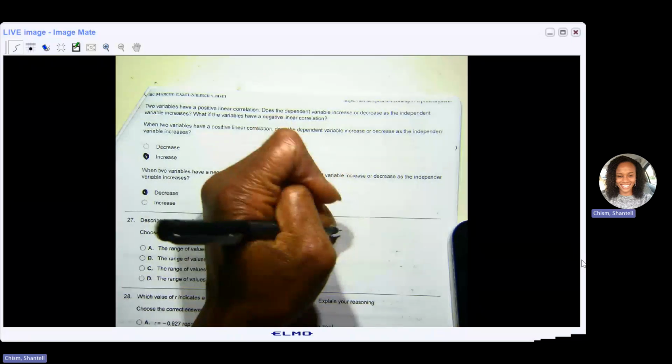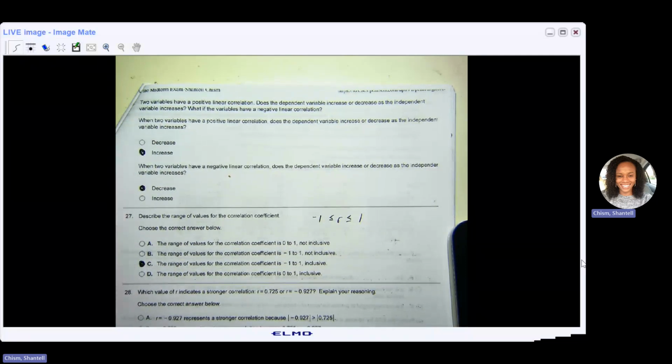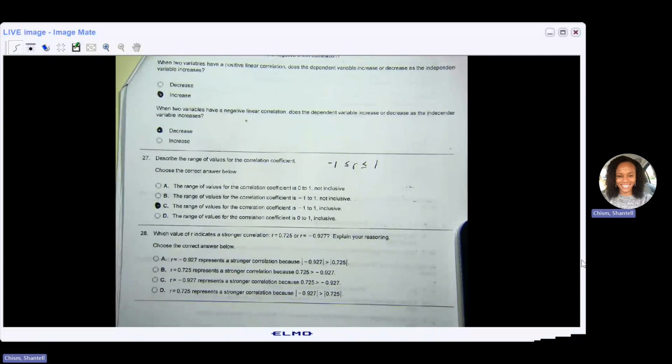The range of the correlation coefficient R must be somewhere inclusively between -1 and +1. So that would be C. It can be anywhere from -1 to +1, inclusive. 28, what value of R indicates a strong correlation? You look at the sign when you're talking about direction.